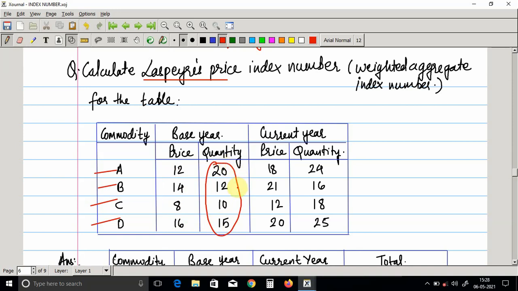Laspeyres price index is connected with the quantity or the weightage. This is the weightage Q0, weights for base year. And for current year, the prices have increased from 12 to 18, then 22, 12, 20, and these are the weights or the quantities purchased in current year.